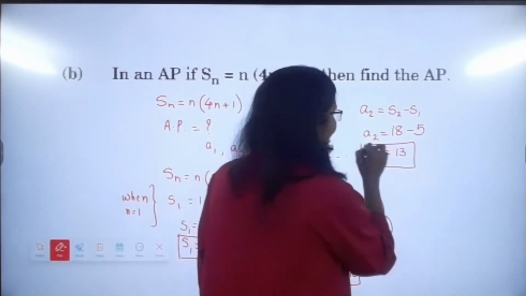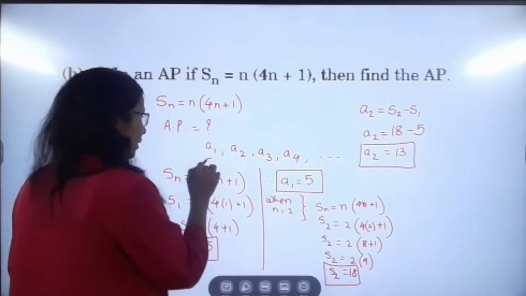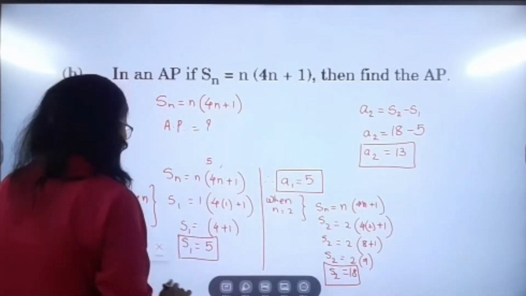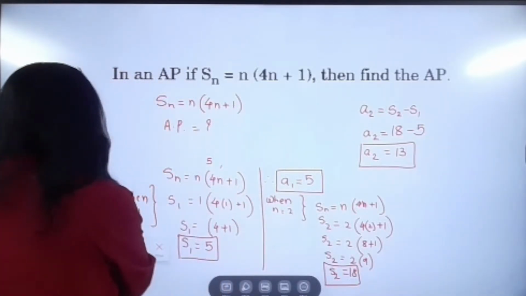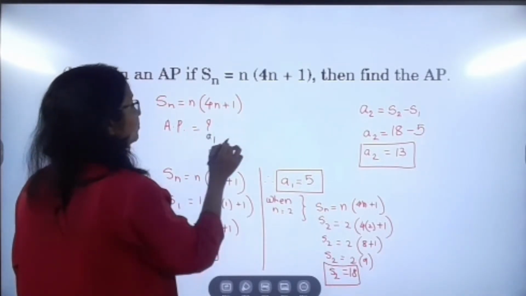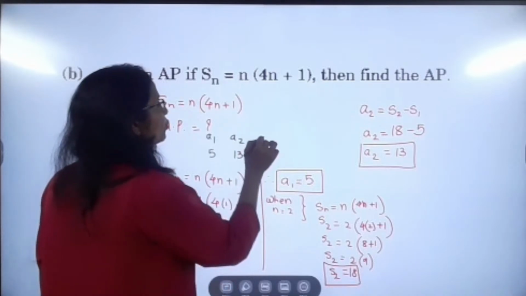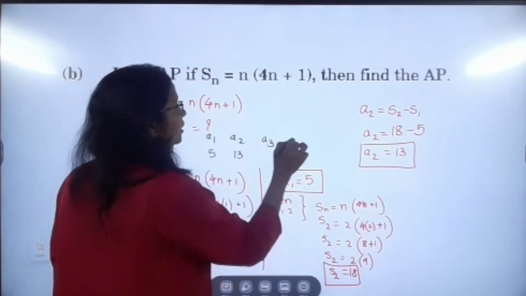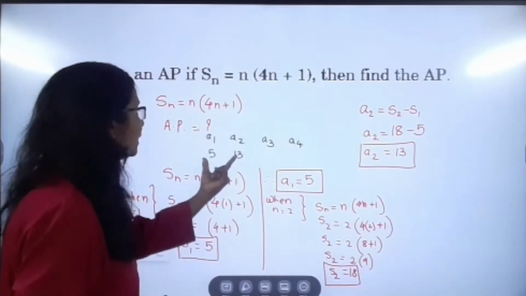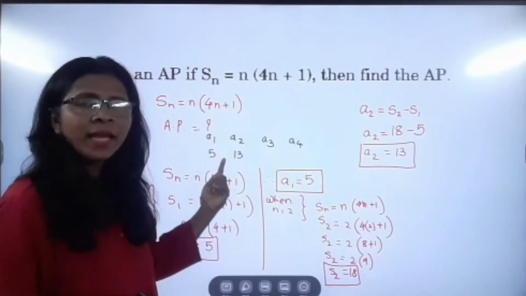Okay students, now here we have the first term as 5 and the second term as 13, and then we can get the third term and the fourth term. How, students? See here, what is the relation between A2 and A1?